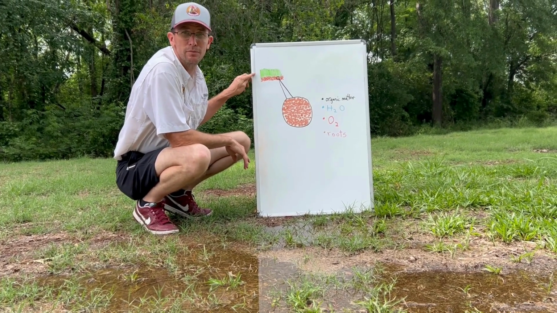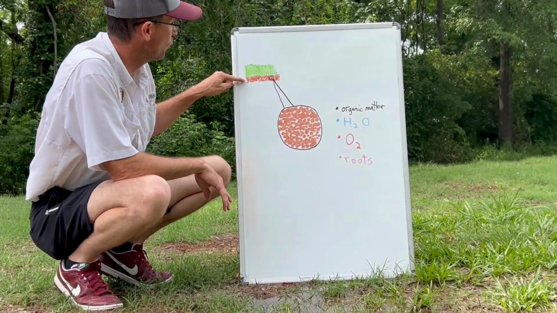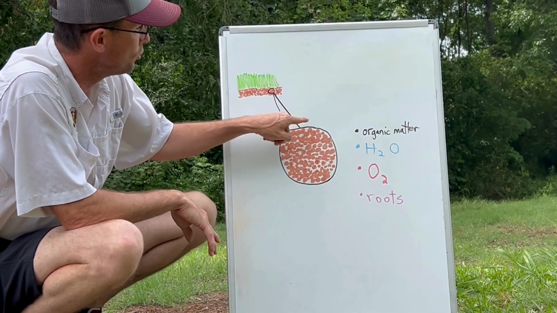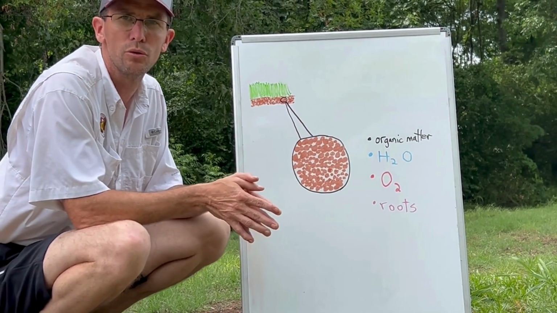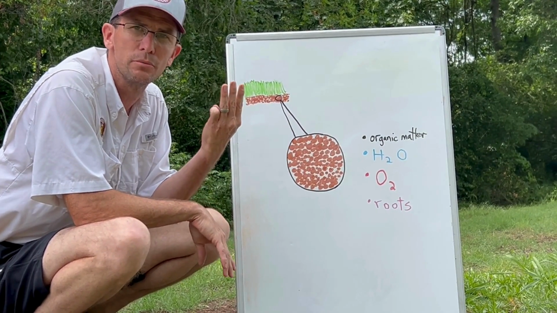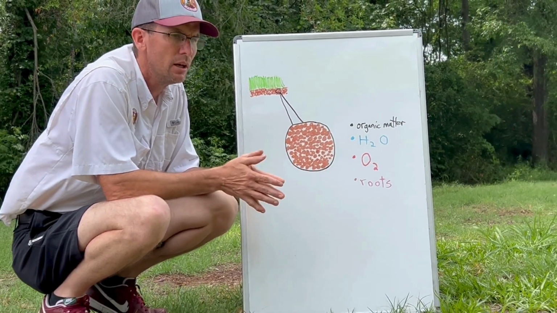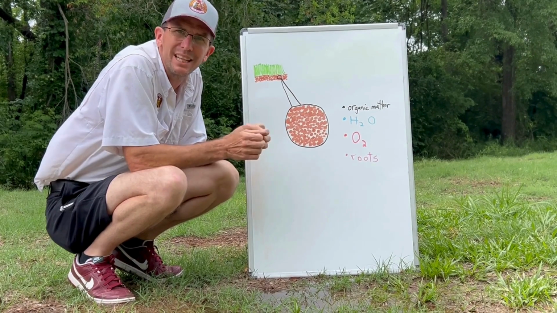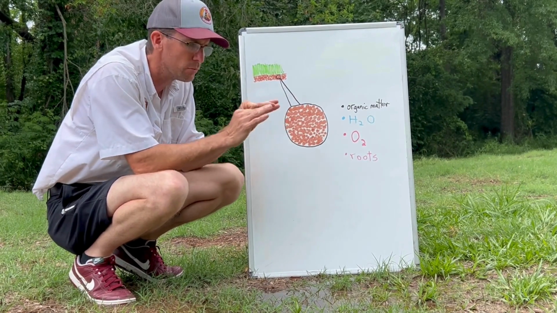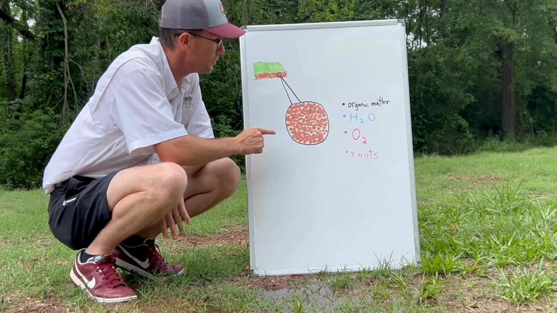This is a beautiful illustration of a lawn. This is the grass, this is the soil. If you take a little section of that soil and zoom in, what you're going to see are particles of sand, silt, and clay. Those are what all soils are made of, some combination of sand, silt, and clay. Sand is the biggest particle, clay is the tiniest particle. If it's all clay, those particles are going to fit next to each other in a way that doesn't allow as much pore space.